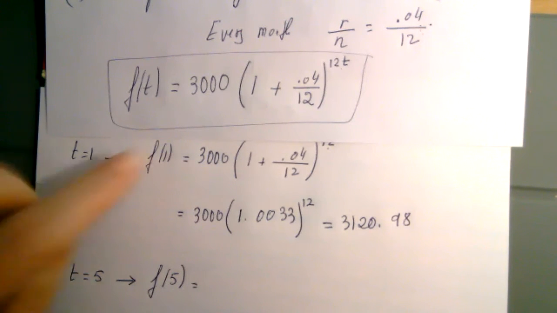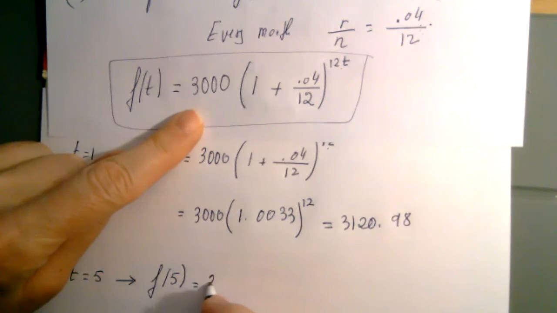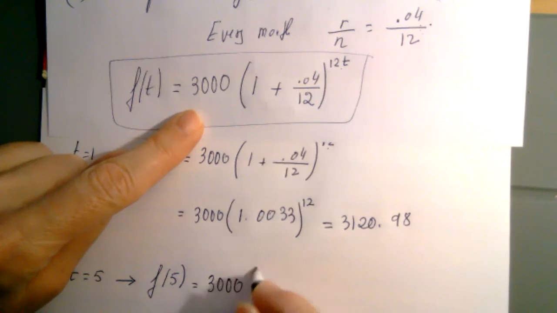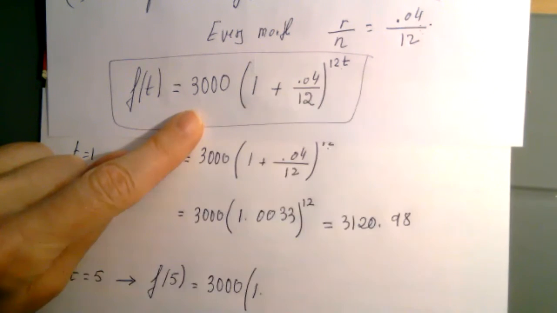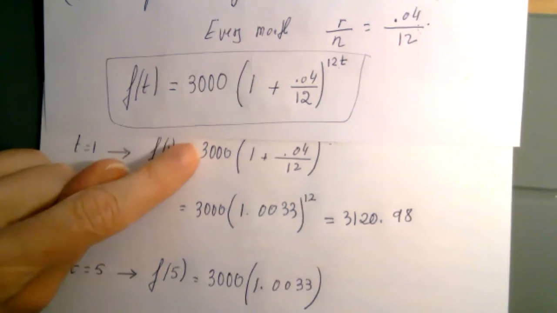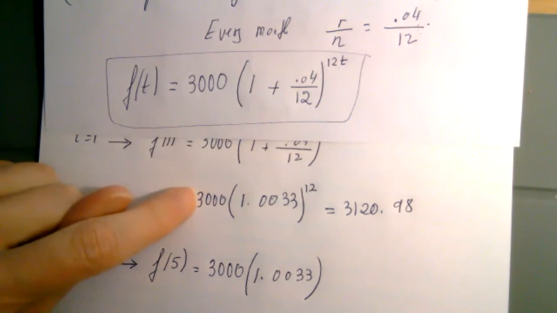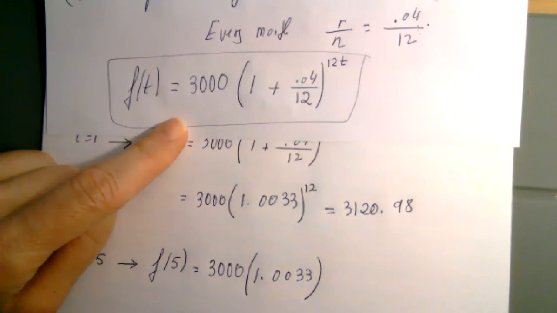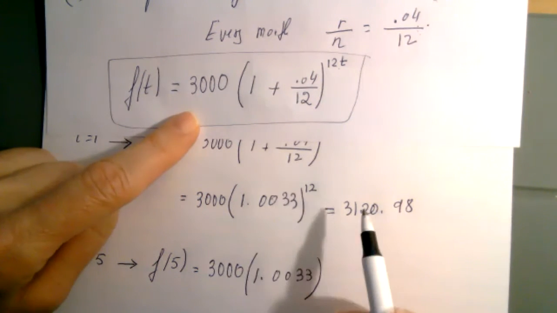So again, we're going to use the formula verbatim. It's the initial amount times 1 plus this, which for me is 0.0033. Now, to the power 12t.